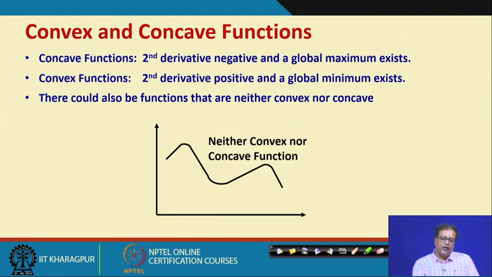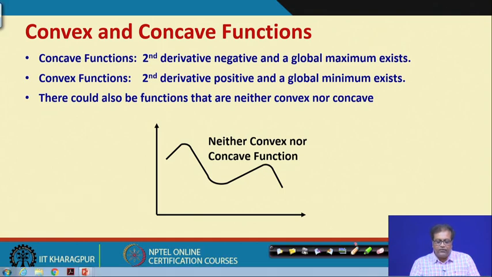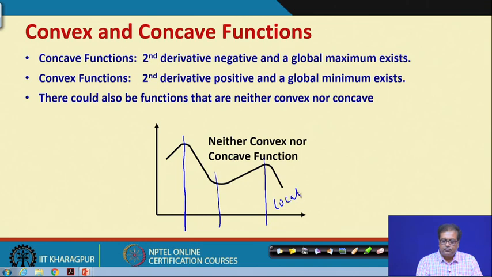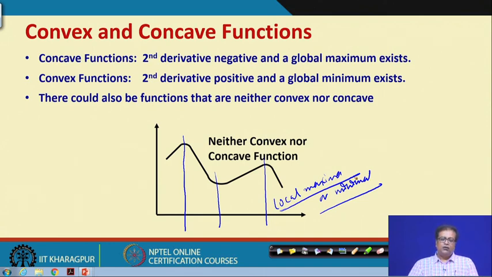Here, if you find the derivative, you may actually find these points, you see, are local maxima or minima. For such a problem you might find local maxima or minima, and you may not be able to find the global maxima so easily.